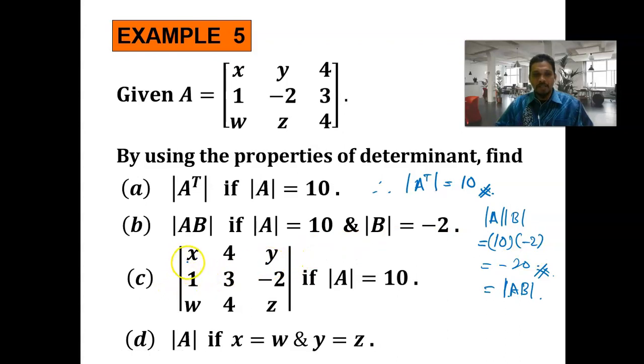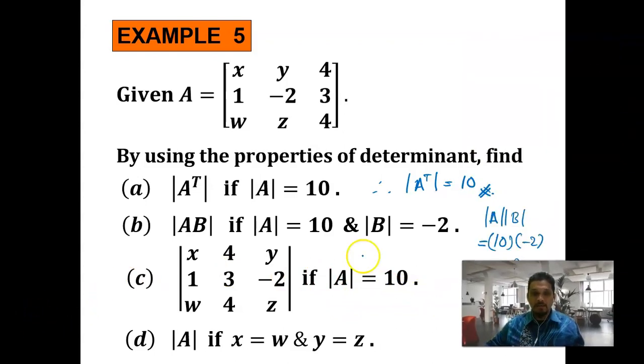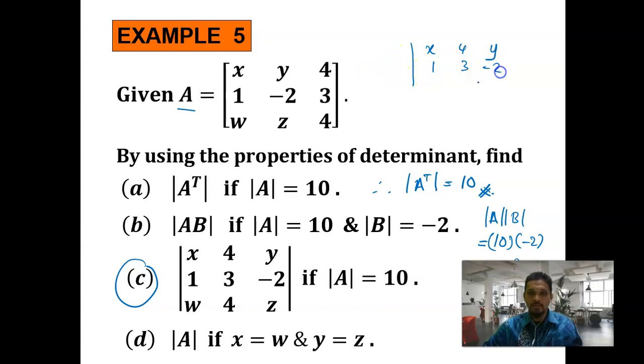Okay, so the next, find this determinant if the determinant of A equal to 10. Okay, class, for question C, we compare this matrix with matrix A. The first matrix is x, 4, y, 1, 3, negative 2, and w, 4, z. What's the difference between these two? Look at this one, x, 1, w.